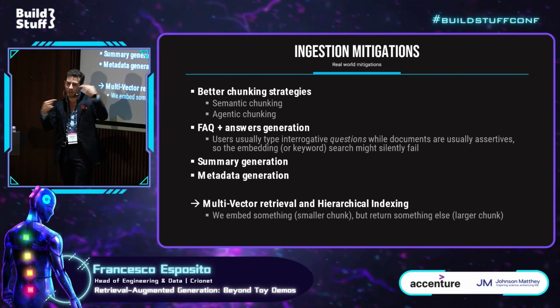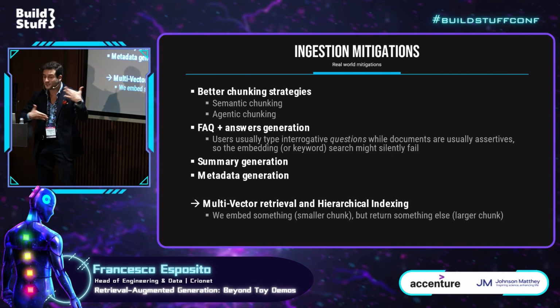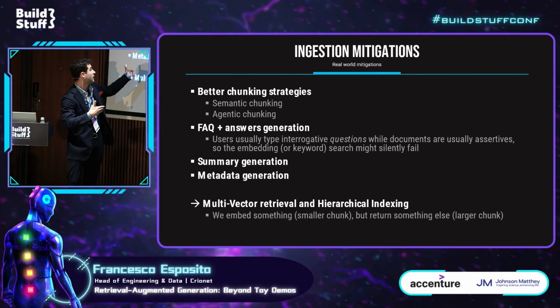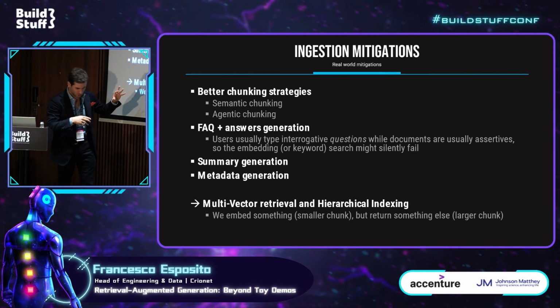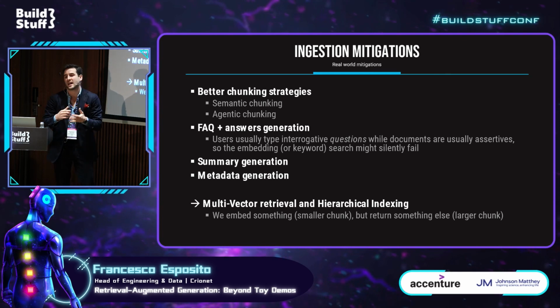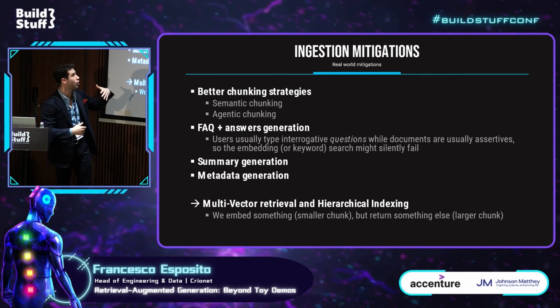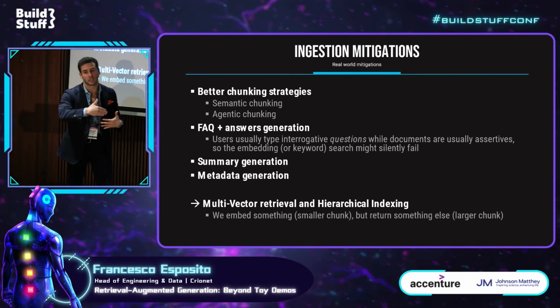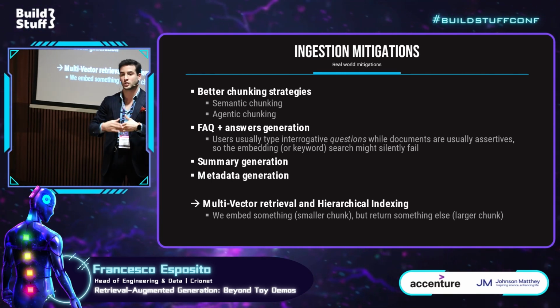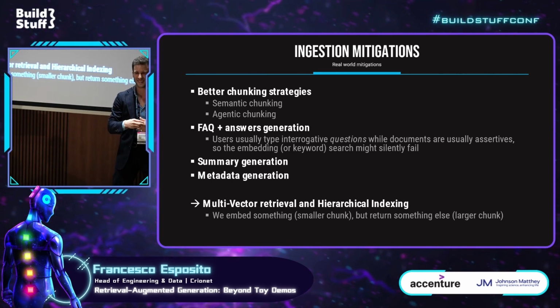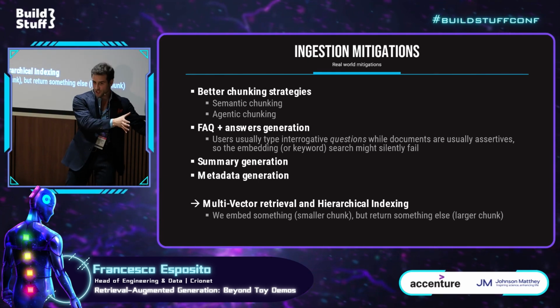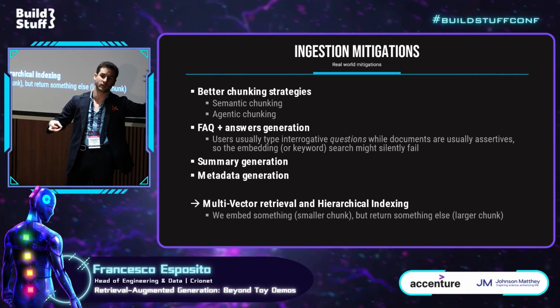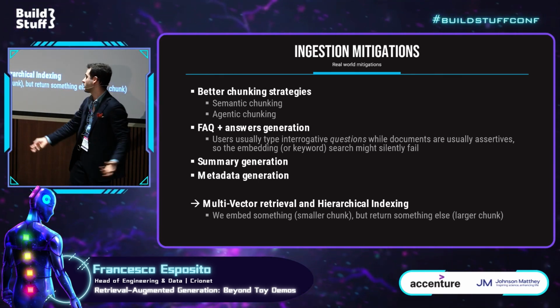So we must match the differences, because otherwise the embedding or even the keyword searching might silently fail. So generating questions based on the document helps to reduce the gap in terms of semantics of questions and documents written in an interrogative and assertive form.